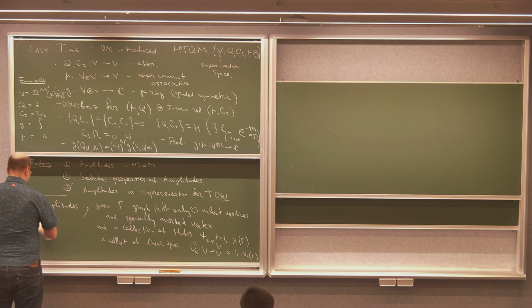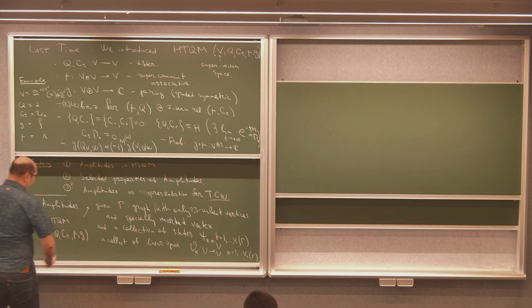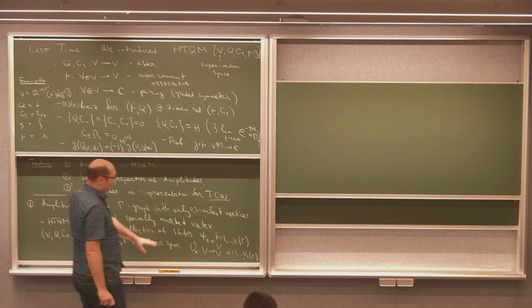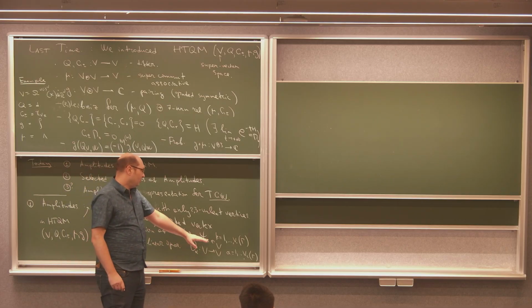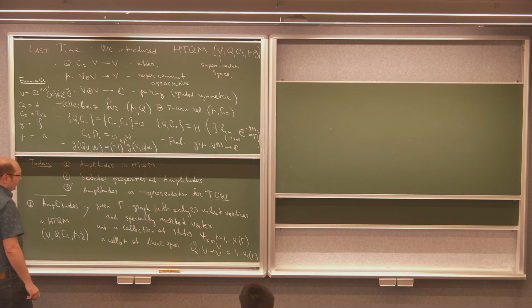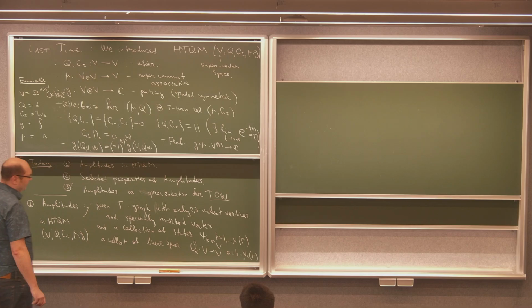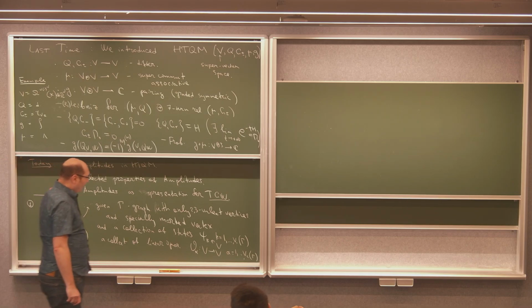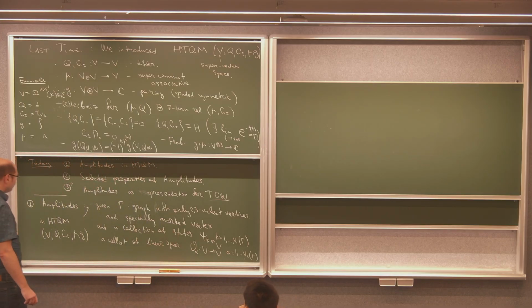Let me put here the HTQM data: E, Q, G plus-minus, mu, and G. Additionally to this standard HTQM data, we add a collection of states, the number of which is the number of leaves, or one-valent vertices, of the graph gamma. And then we have a collection of operators, one operator for each two-valent vertex.